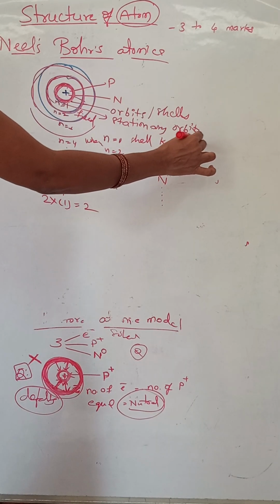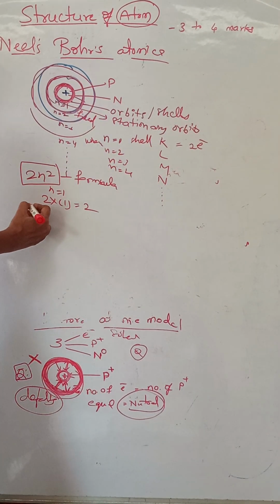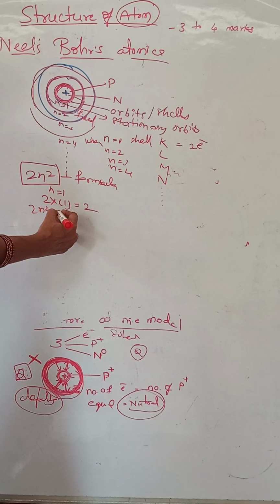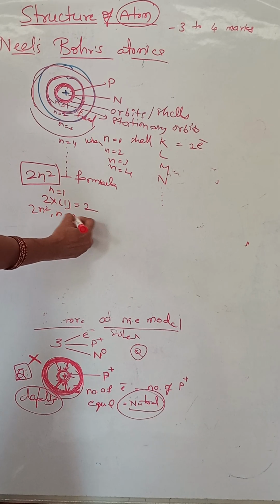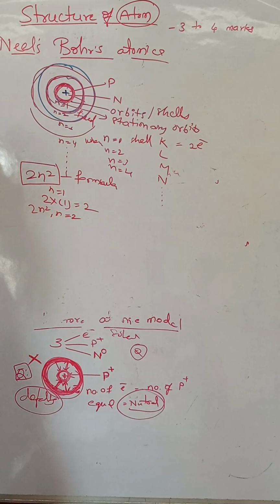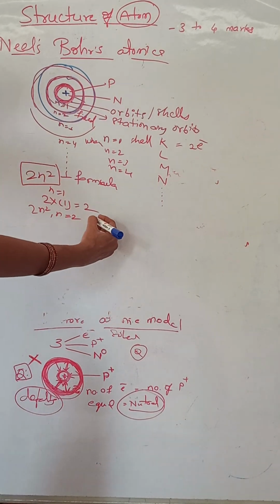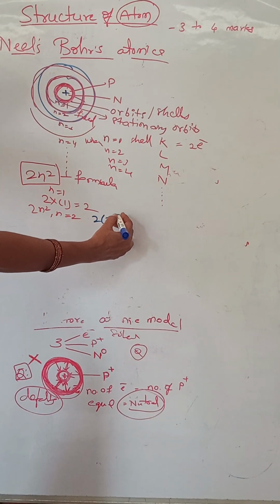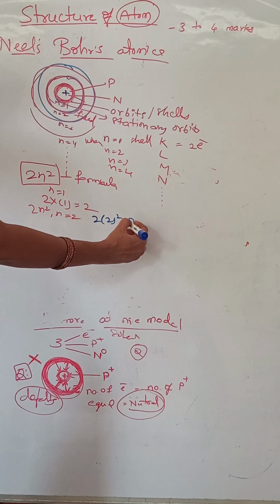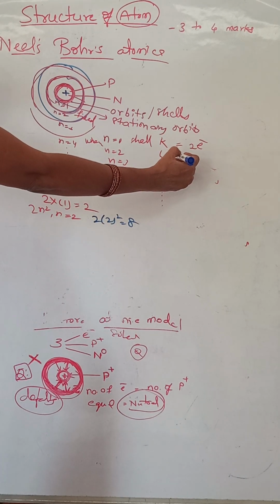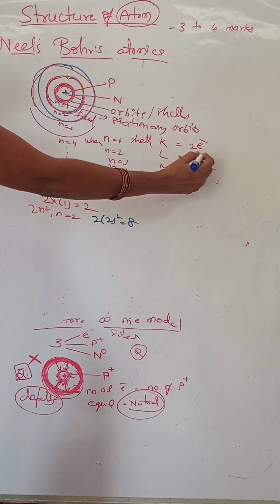For n equals 2, 2 into 2 squared, that means 8 electrons in the L shell.